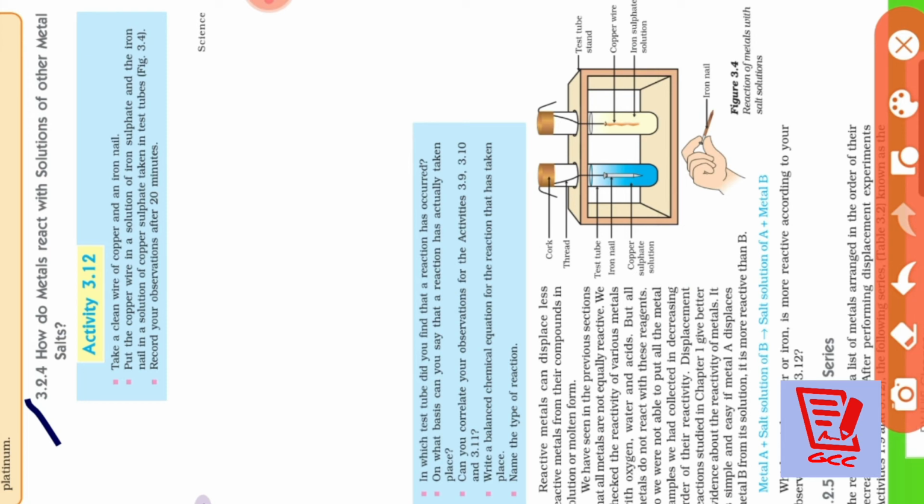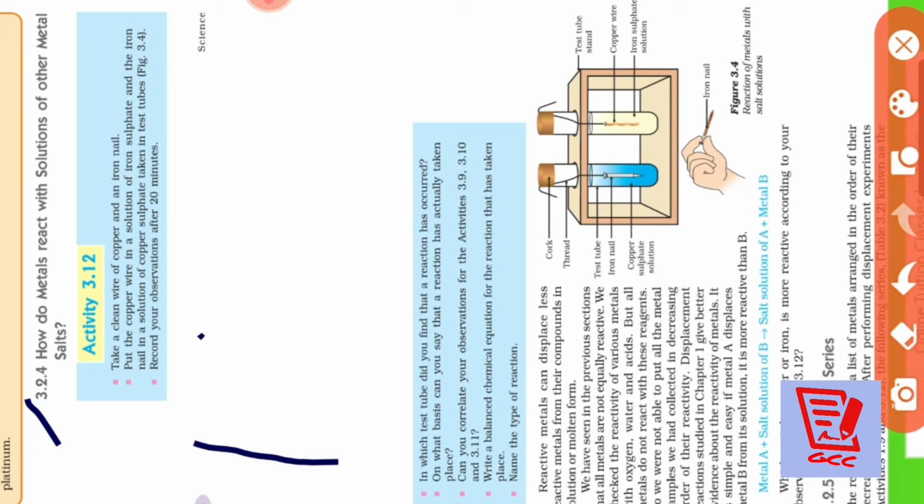What is it? They told you in this activity to take a clean wire of copper and an iron nail. Then put the copper wire in a solution of iron sulfate.